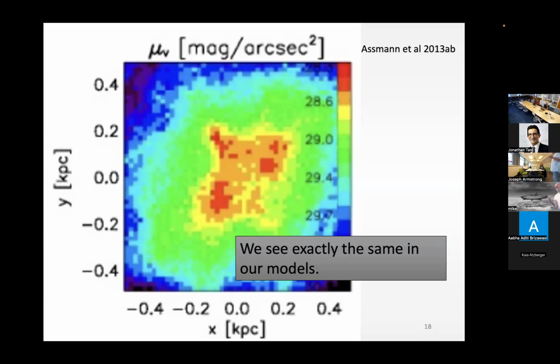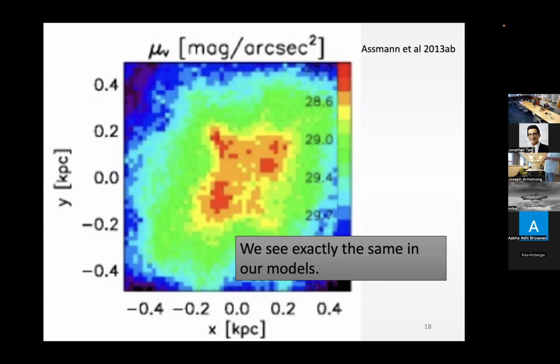So we see exactly the same in our models as we see in the observed dwarf spheroidals. Only that we have larger than life simulations. We do the simulations with a particle mesh code, so we don't simulate star by star. We simulate with millions of phase space elements.